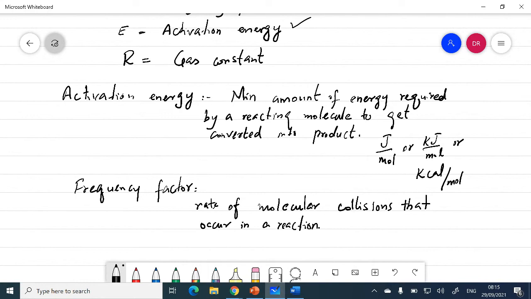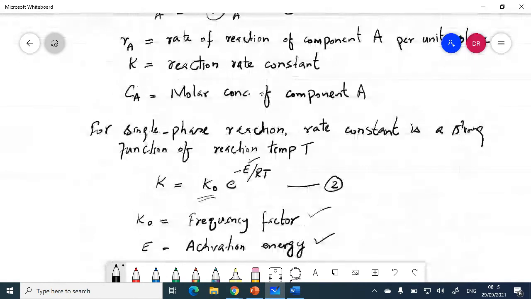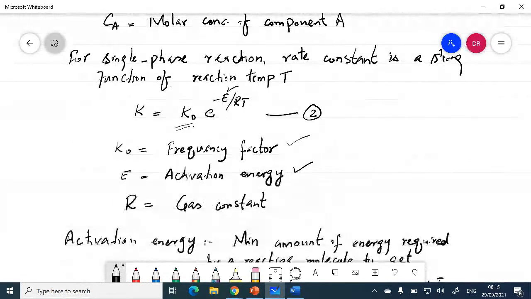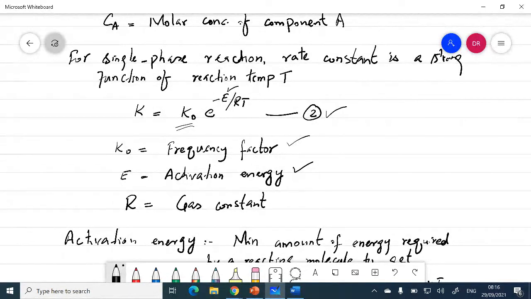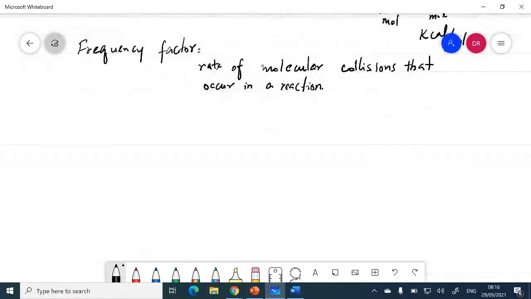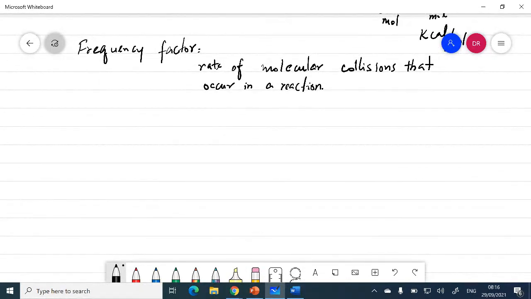Okay, so we have two equations. Equation one is for the rate of reaction, and equation number two is for the reaction rate constant. These two equations are based on theoretical considerations, so we can call them a theoretical model.